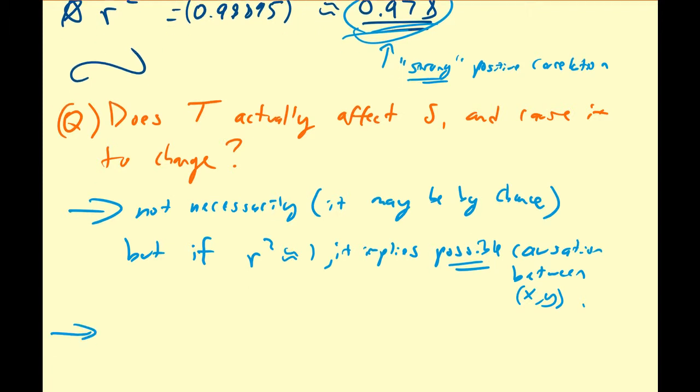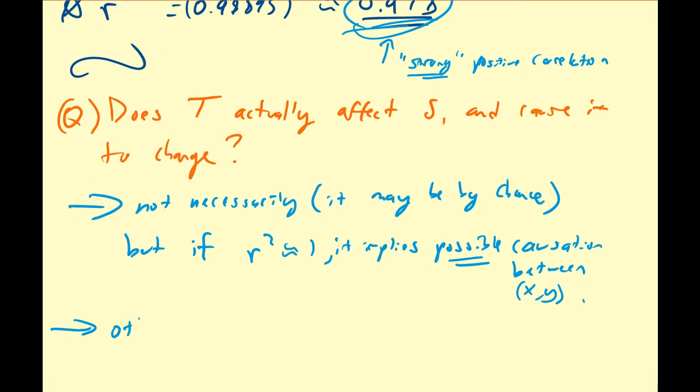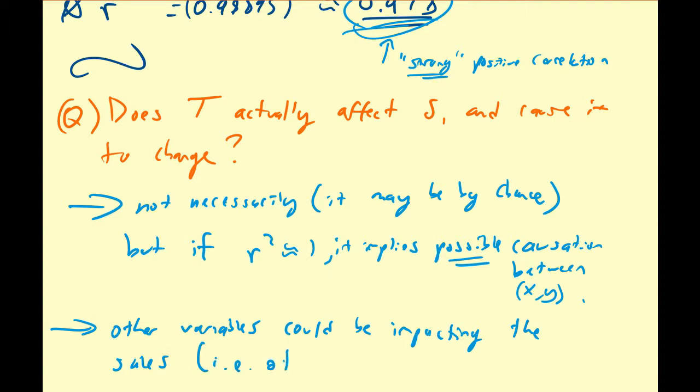Another super important thing to keep in mind is other variables could be impacting the sales as well, i.e. other explanatory variables.